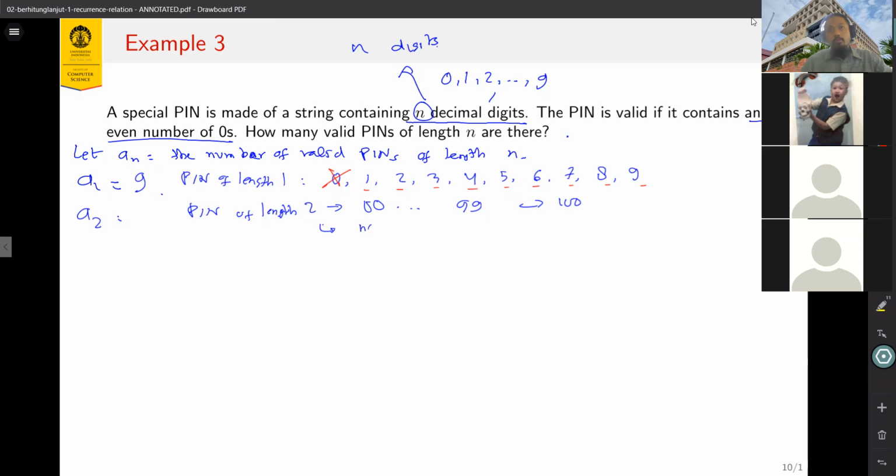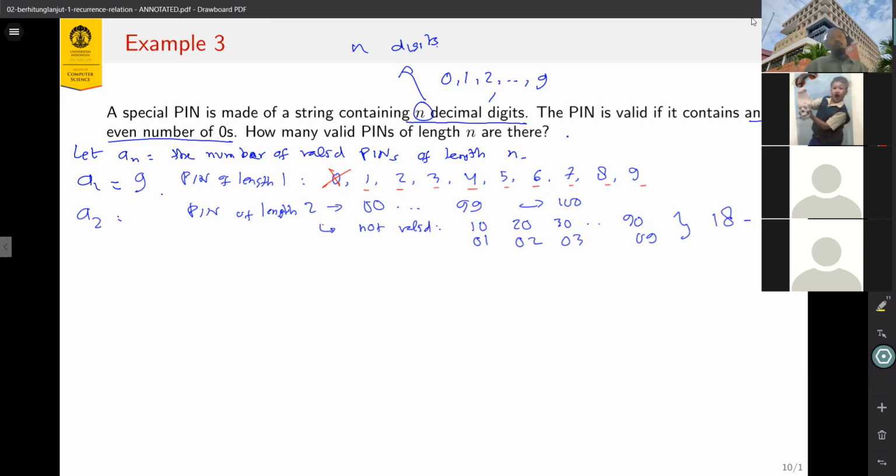Not valid would be 10, 20, 30, up to 90, and also 01, 02 until 09. Correct. So how many of them are not valid? 18.